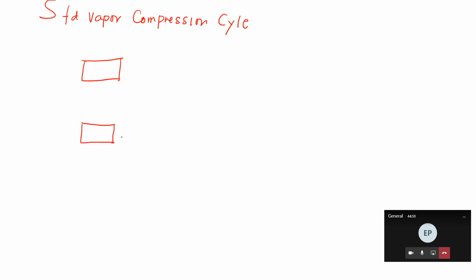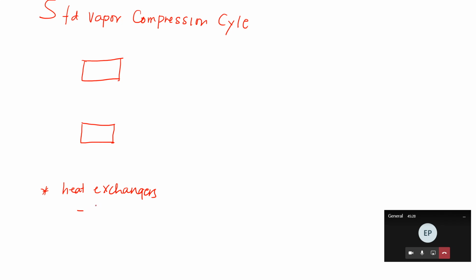These two boxes, I want to call these components or equipment heat exchangers, right? And what is a heat exchanger? It is an equipment or device that allows heat to transfer from one place to another, or to exchange heat.